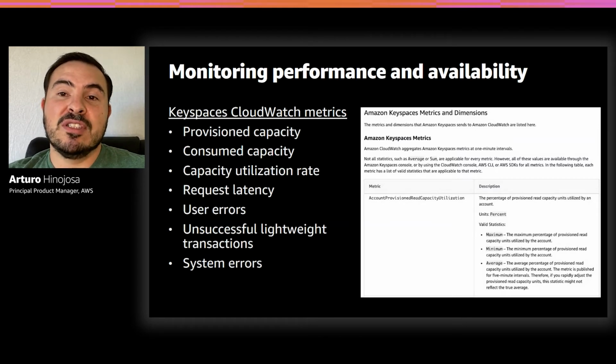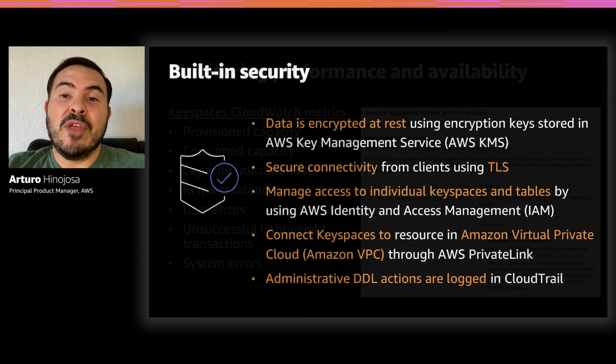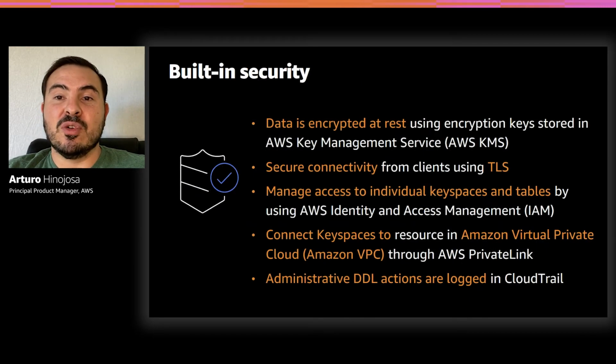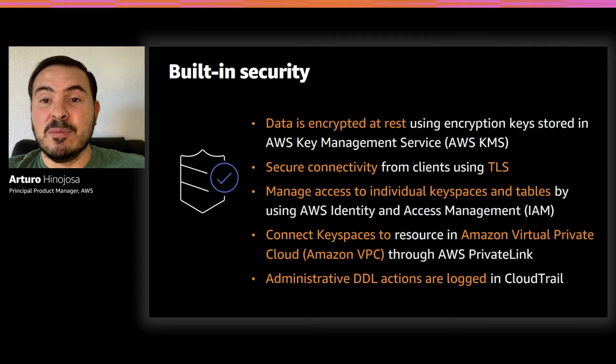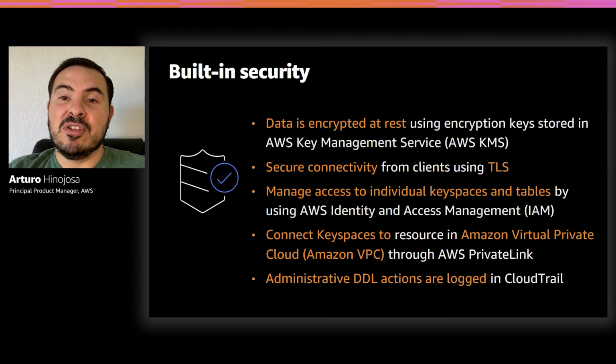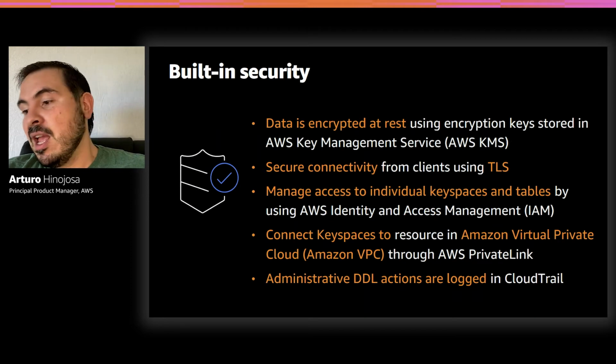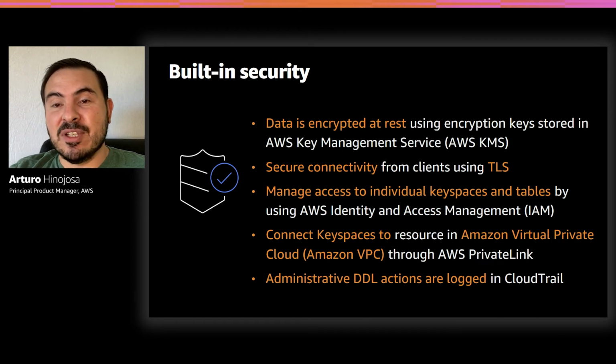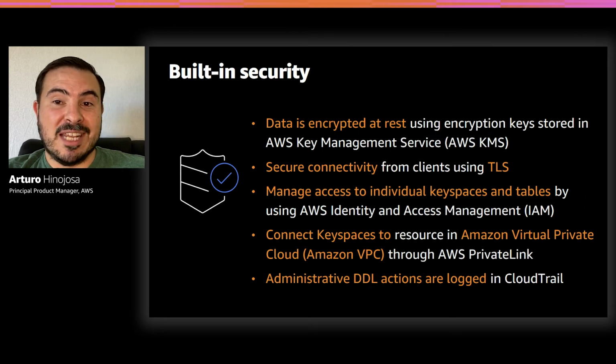Keyspaces also offers a lot of built-in security features. All data is encrypted at rest by default using keys stored in AWS Key Management Service, or AWS KMS. Keyspaces helps you protect traffic in transit by using TLS for all connectivity. You can also manage access to Amazon Keyspaces and tables by using AWS IAM. We also offer plugins for the Cassandra drivers. You can also use IAM roles with Amazon Keyspaces, which is pretty cool.